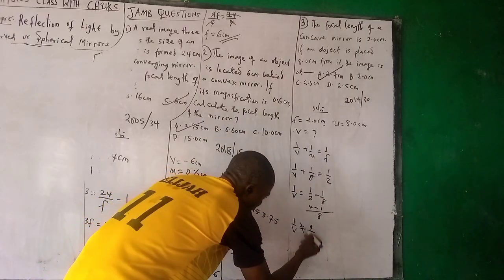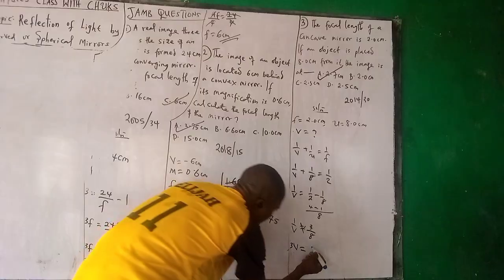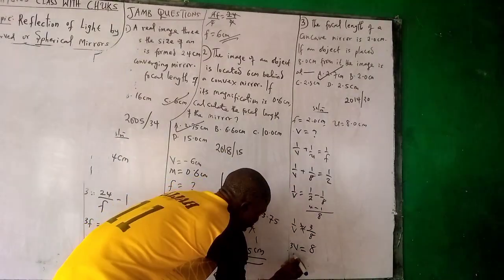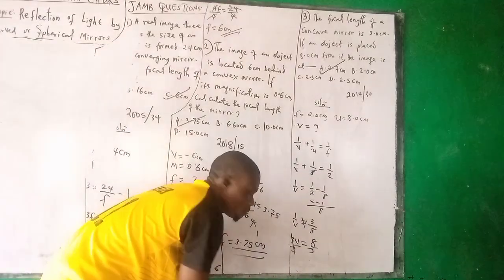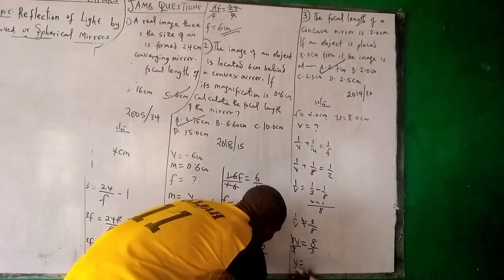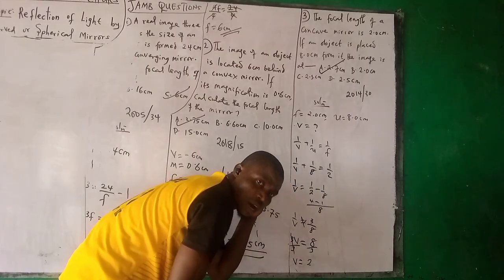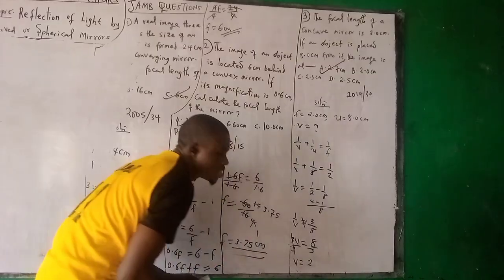Let me cross multiply now. This time it is 3v equals 8. Now divide by 3. So v becomes equal to 8 divided by 3, which is 2, with 2 remaining, which is 20 now. 3 into 20 you get 6.